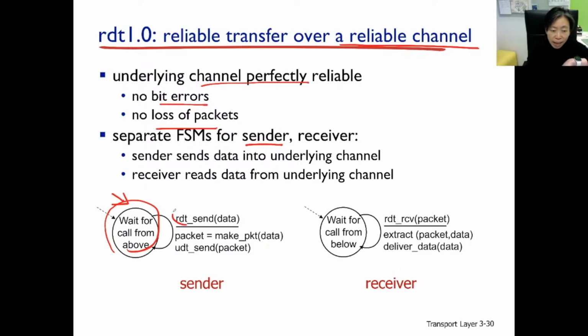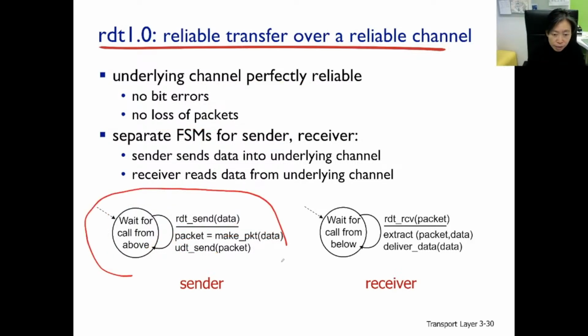So the call from the application, from the sending process, is rdt_send, isn't it? So when you run into this event, the sender will generate a packet out of data. So data is the thing coming from the application, and a packet is generated to be pushed down. And to push down, we call udt_send, right? So this is the FSM at the sender side.